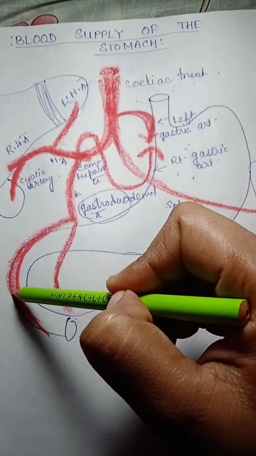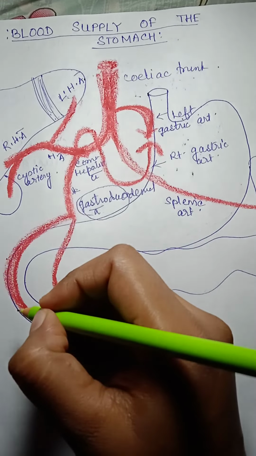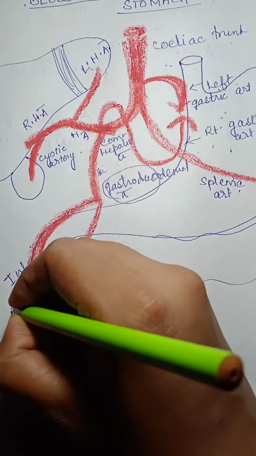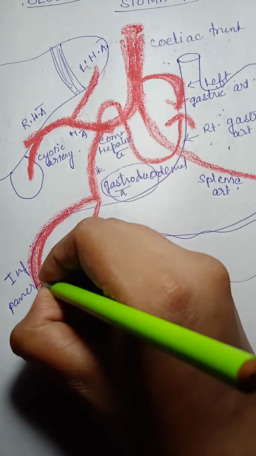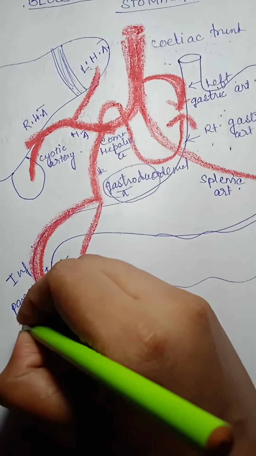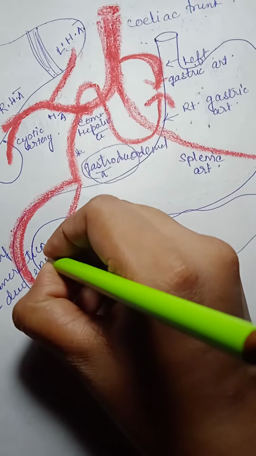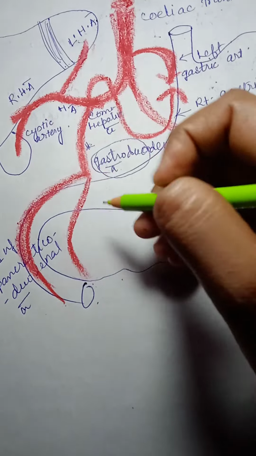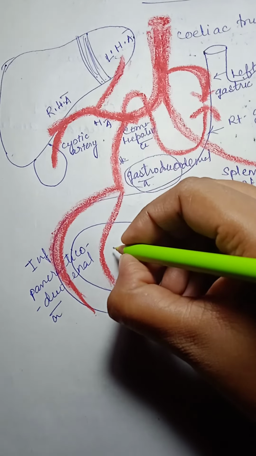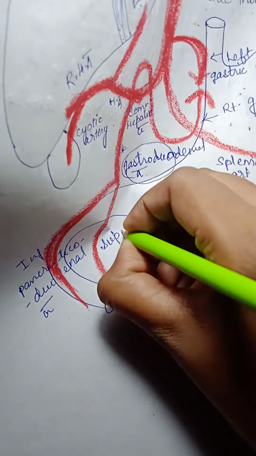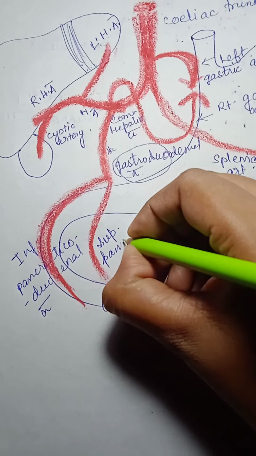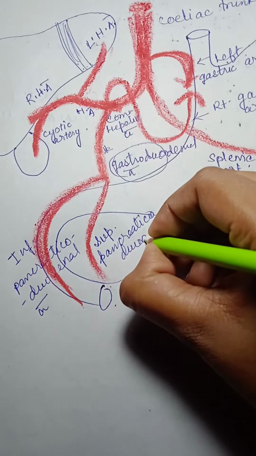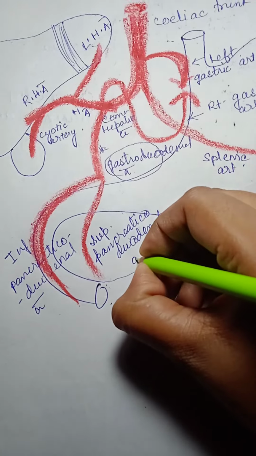The first one is the inferior pancreatico-duodenal artery, and it gives rise to one more branch, the superior pancreatico-duodenal artery.